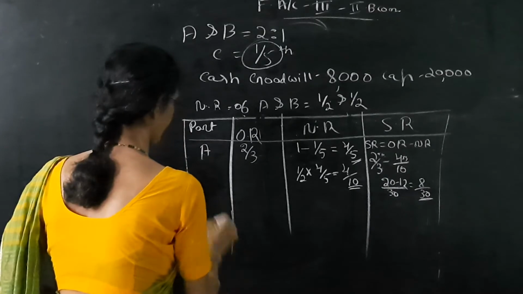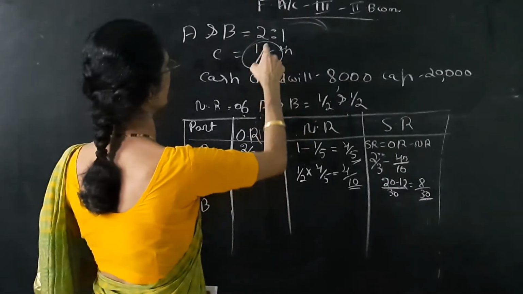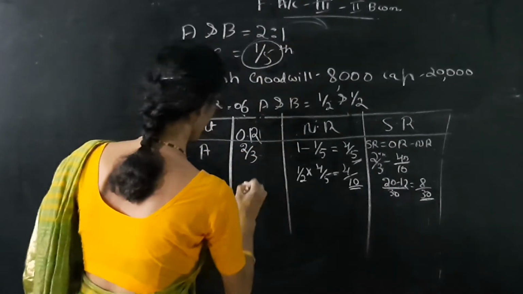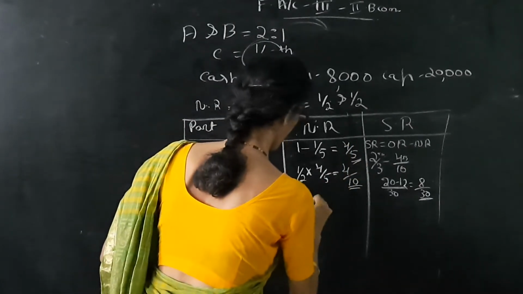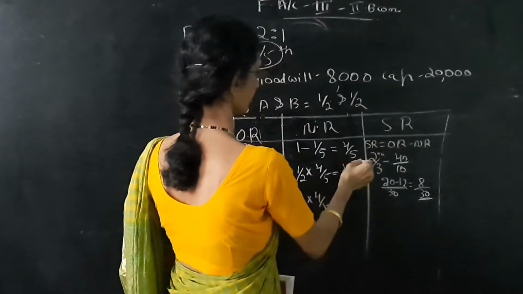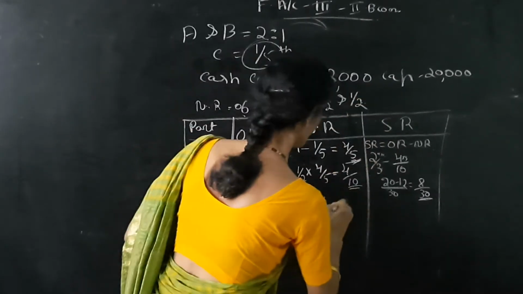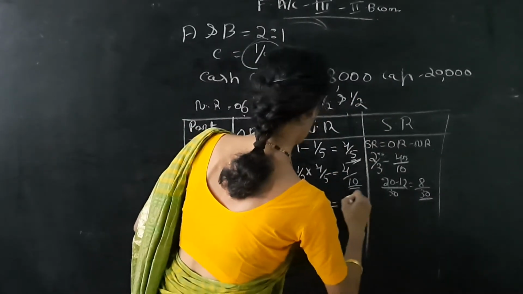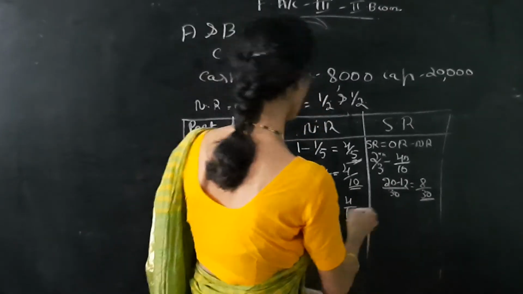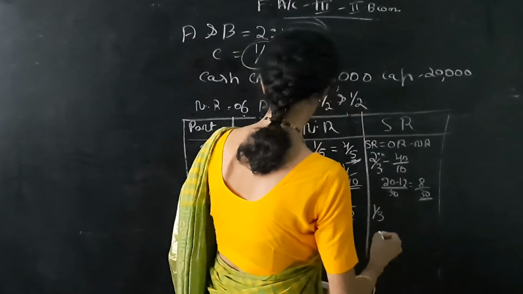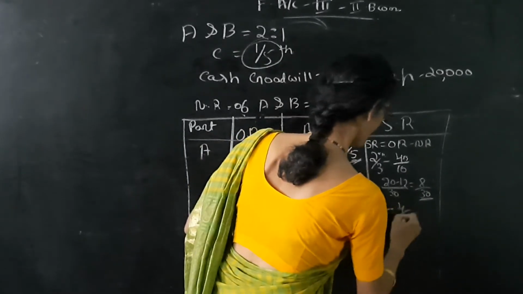Now we have to calculate for B. B's old ratio is 1 by 3. Then his new ratio is half of the remaining equally, so it is the same, 4 by 10. So his sacrifice ratio is 1 by 3 minus 4 by 10.